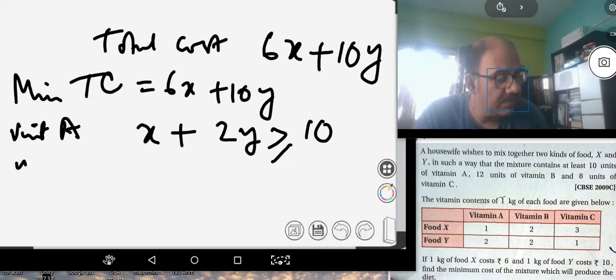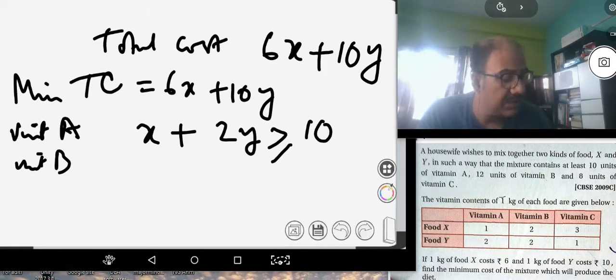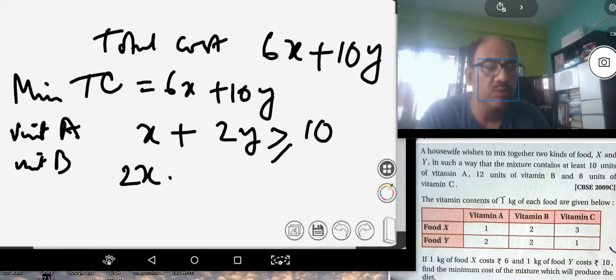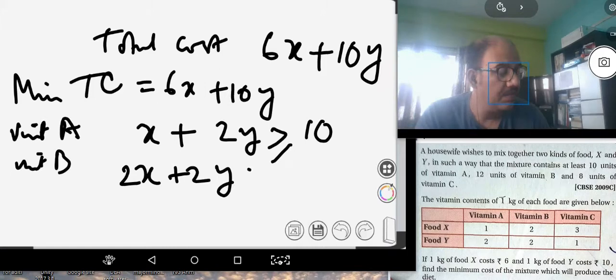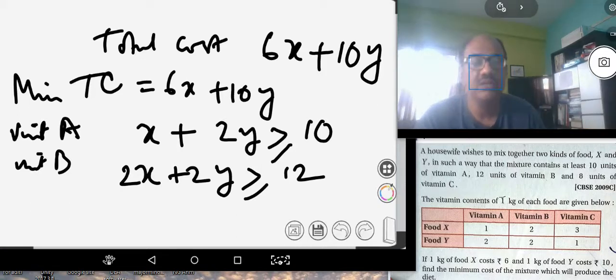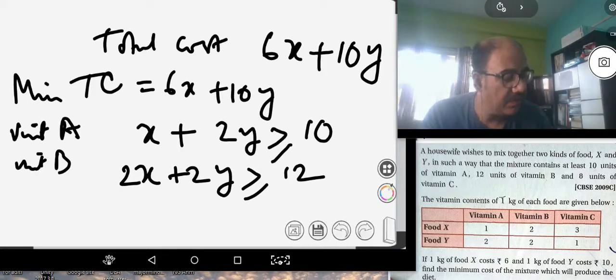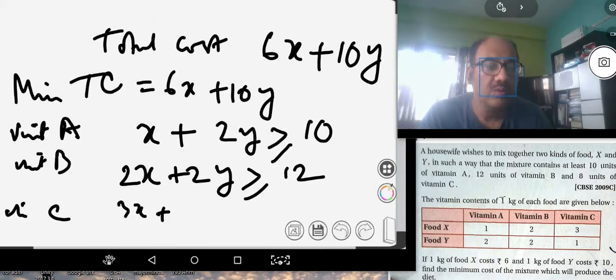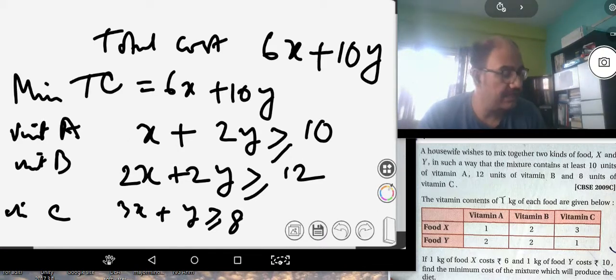Similarly for vitamin B, the inequation will be 2x plus 2y greater than or equal to 12 units of vitamin B, because that is the minimum requirement, at least 12 units. And for vitamin C, the condition will be 3x plus y must be greater than or equal to 8.